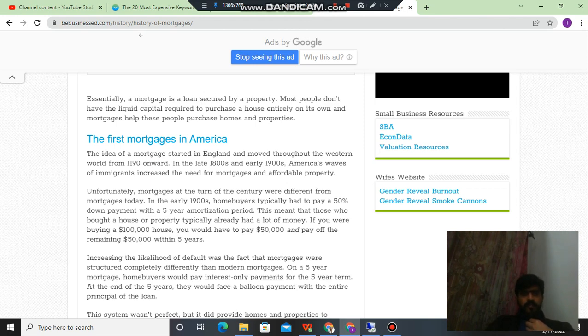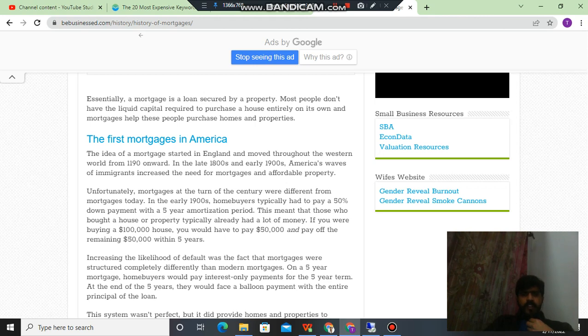Unfortunately, mortgages at the turn of the century were different from mortgages today. In the early 1900s, home buyers typically had to pay a 50% down payment with a 5-year amortization period. This meant that those who bought a house or property typically already had a lot of money.